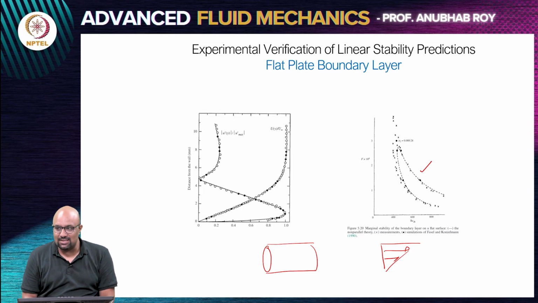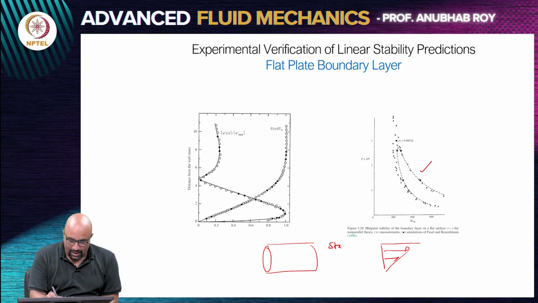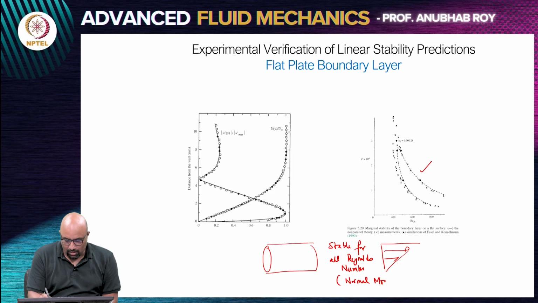But experiments tell us that there is an instability. We learned that if you do pipe flow beyond a Reynolds number of 2000, the flow stops being laminar. But if you do a normal mode calculation, you will find that it is stable for all Reynolds number. And the Couette flow is also stable for all Reynolds number based on your normal modes calculation.